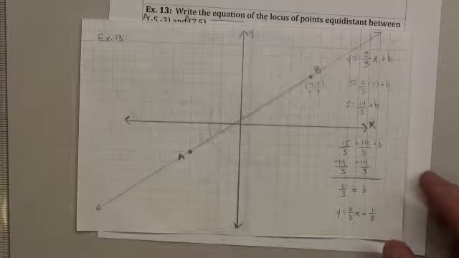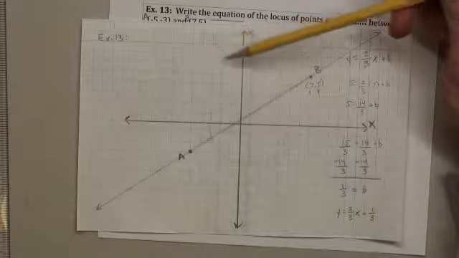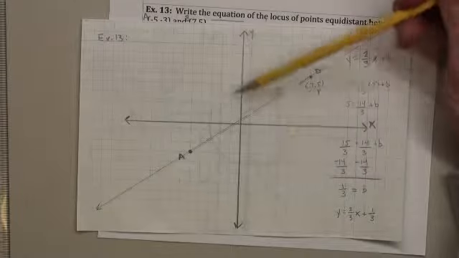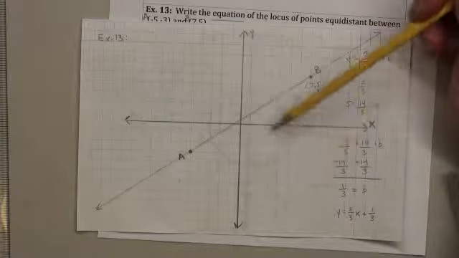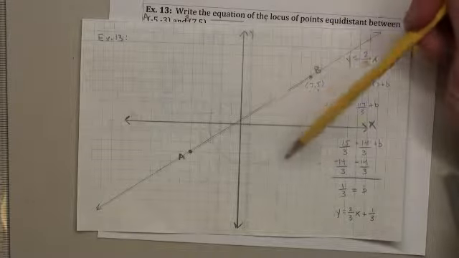Now, what's the equation? What do you remember? We know that the locus is going to be perpendicular and right in between those 2 points. Now, I hope you remember something about the slopes of perpendicular lines, right? Let's write it down.